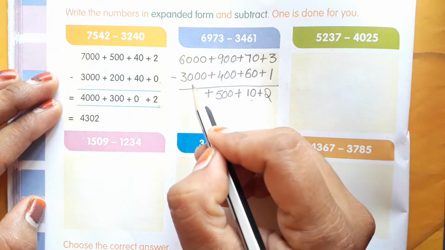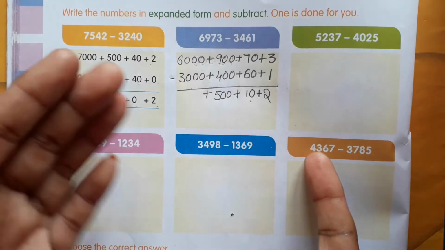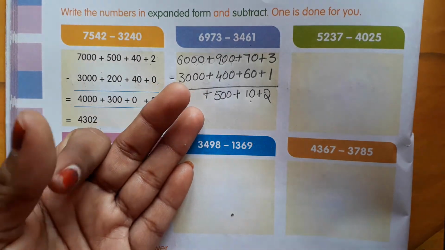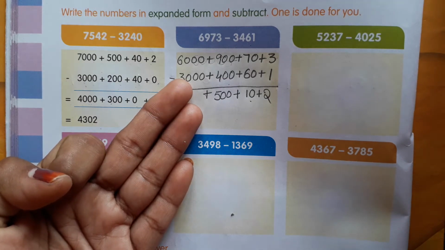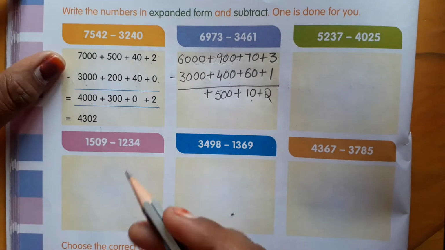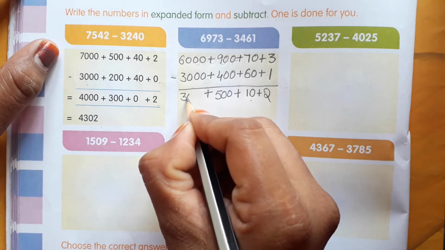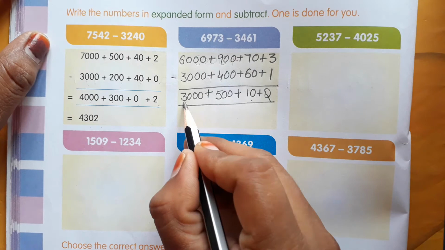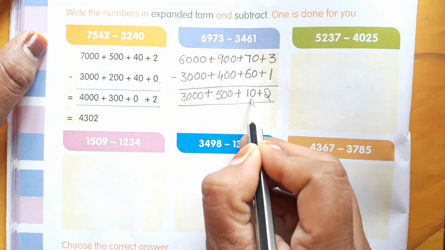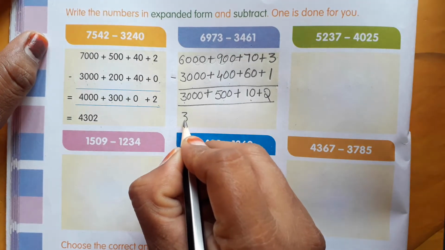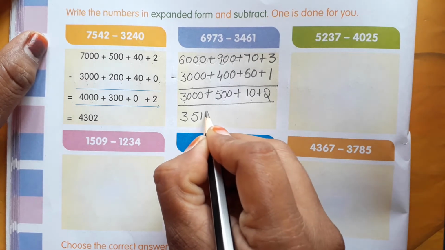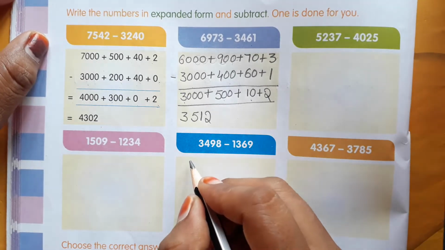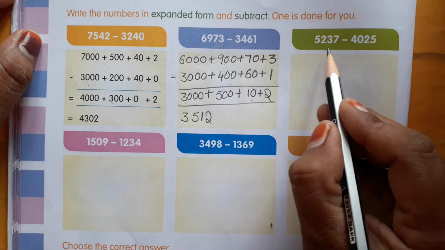Plus 6000 minus 3000. How much? 3. 3 means 3000. Write the short form for this. 3512. 3512 is the answer. Come to the next one.